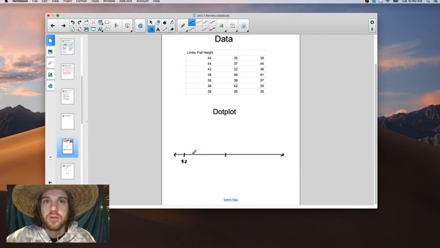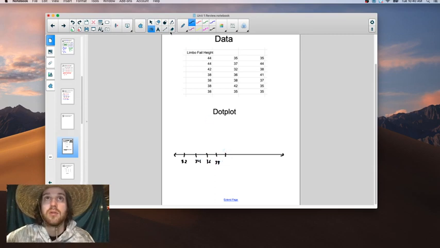We'll see how this goes. 32, 34, 36, 38, 40, 42, 44, and then we come and do some dots.